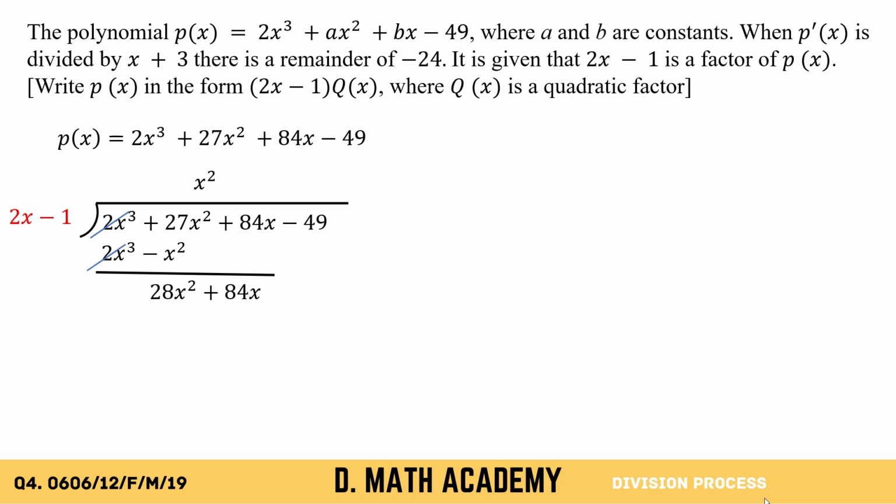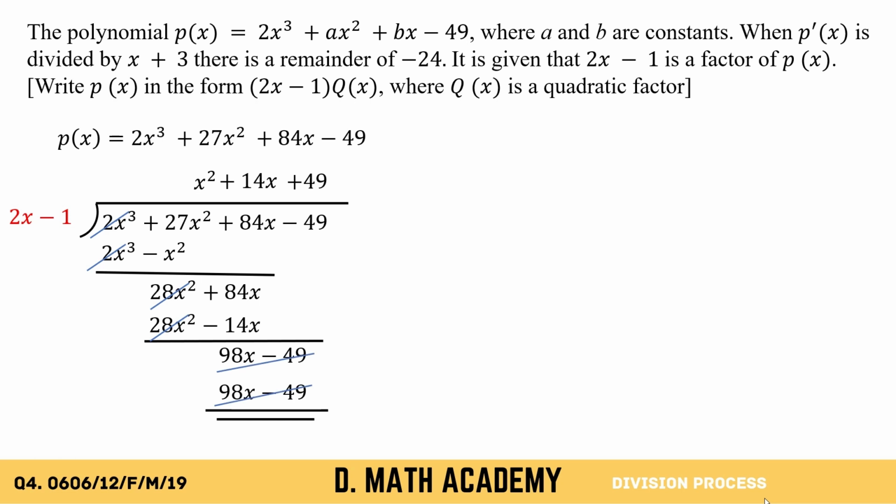Then I multiply 14x into it, then I get 28x squared minus 14x. Find the difference again, run the calculation, then you get 98x minus 49. Then you put plus 49 to cancel it off entirely. So our q(x) is now x squared plus 14x plus 49.